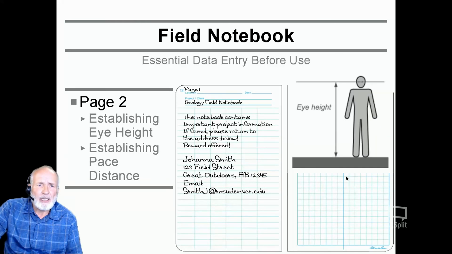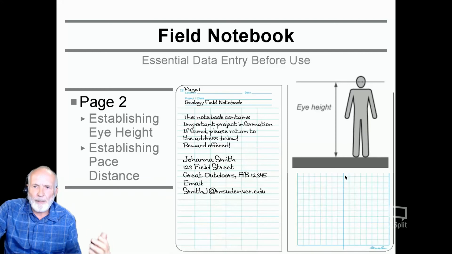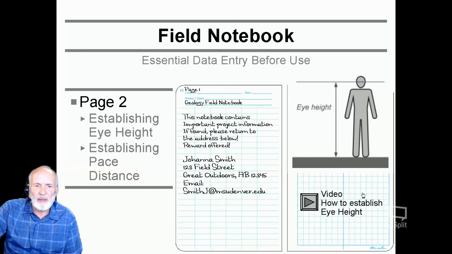So what is the eye height? It is literally from the soles of your shoes up to eye level. You need to measure this and enter that. How this is done, we can show in the following video.